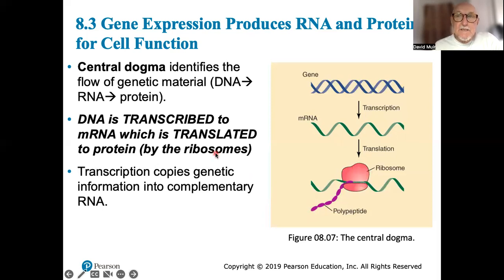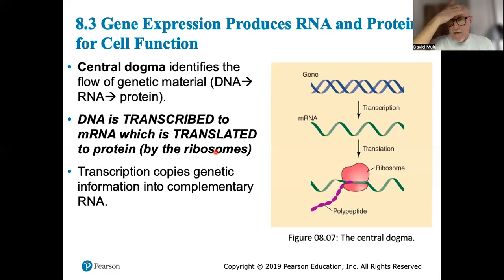So that is the central dogma. This is something you need to memorize. You need to have it absolutely clear in your head, because this is one of the most important findings in all of biology: the DNA is transcribed to messenger RNA, which is translated to protein by the ribosomes.